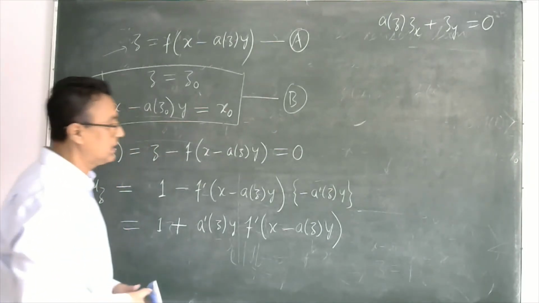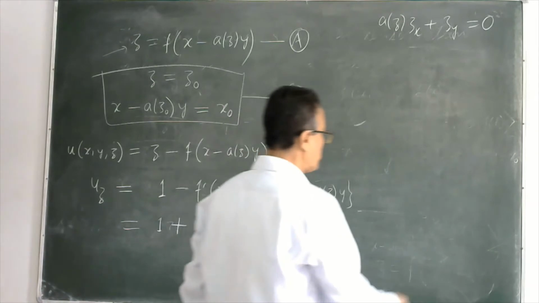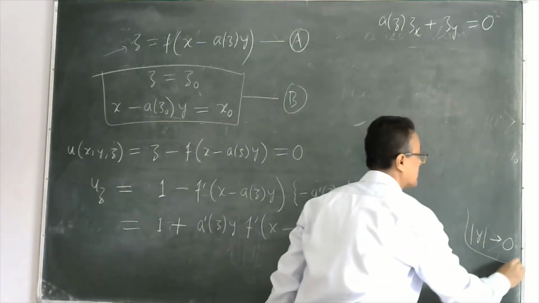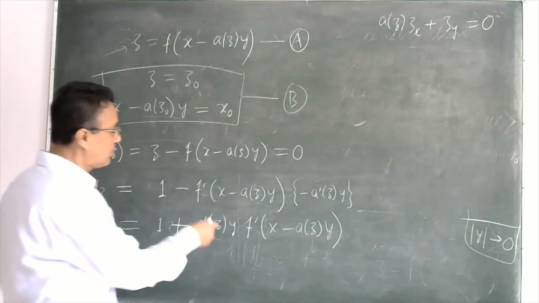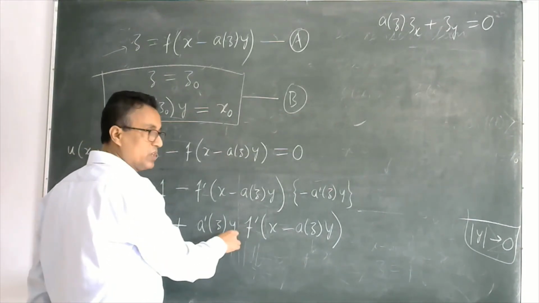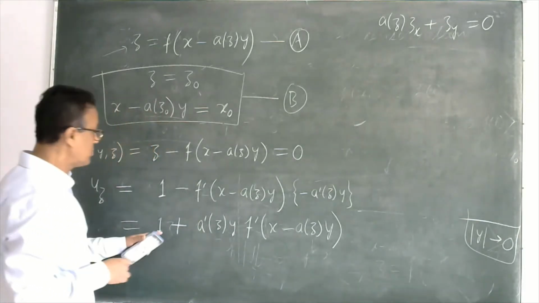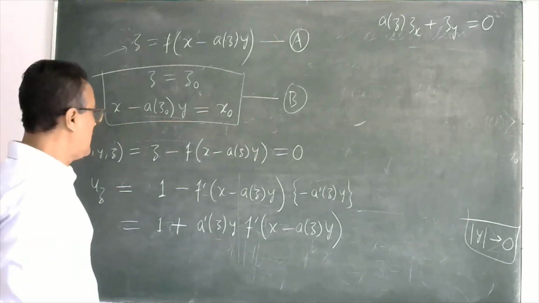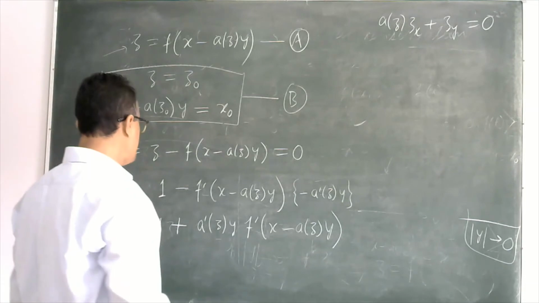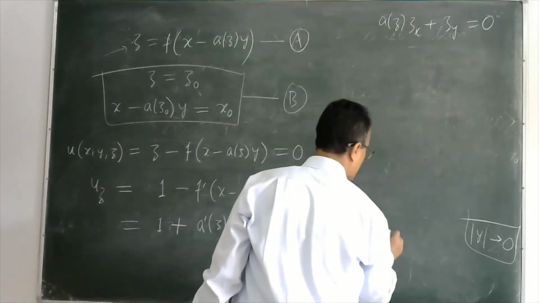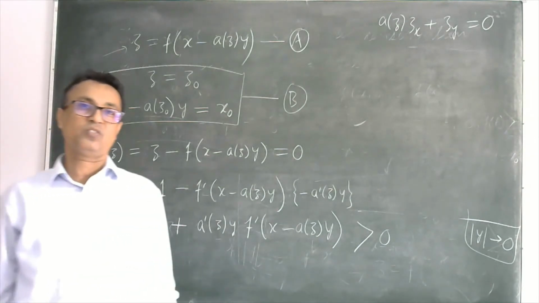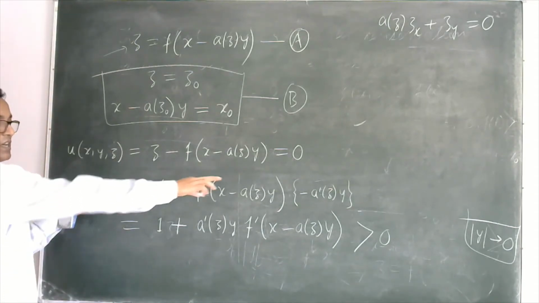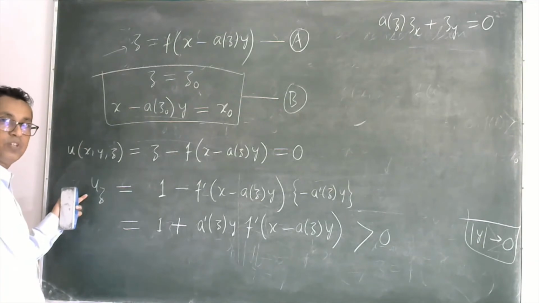So what is happening here? You know that I am seeking the solution in the neighborhood of this, so when y tends to 0, this is going to tend to 1. Okay, and if I can keep this expression strictly greater than 0, then U_z in the neighborhood of mod y tending to 0 is always going to be positive.